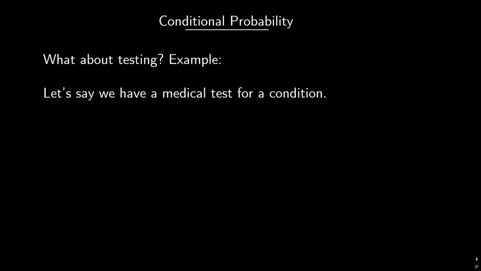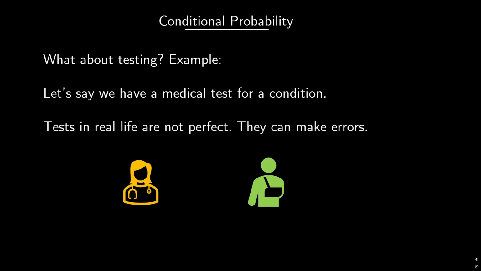But before I show you how to compute those things, let me talk about a more motivating example for testing. This is the classic example for conditional probability. Let's say that we had a medical test for a condition, some sort of ailment or illness, maybe COVID. Tests in real life are not perfect and they can make errors, even though it's very, very unlikely. But this is something that scientists need to account for.